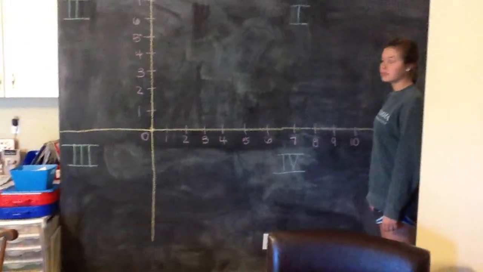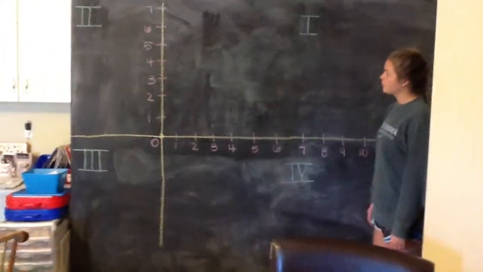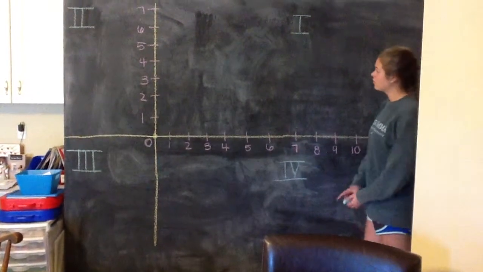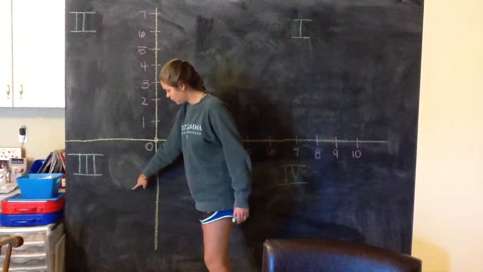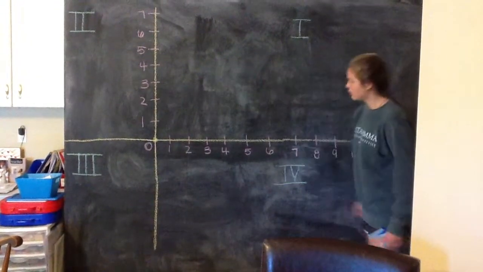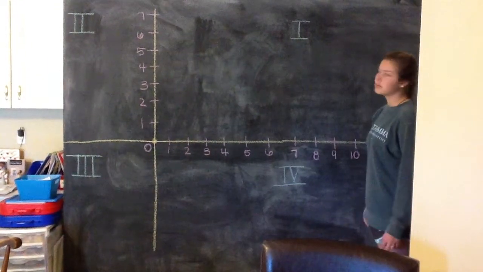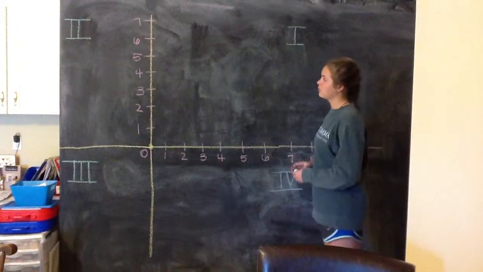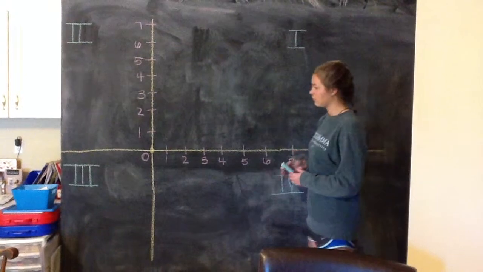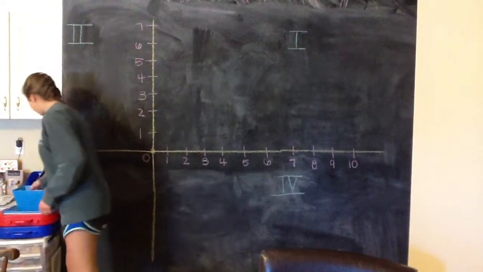Grids actually have 4 quadrants. First quadrant, second quadrant, third quadrant, and fourth quadrant. For today's lesson, we're going to concentrate on quadrant 1, but I want to tell you a little bit about the other ones just because you'll learn about this later on in middle school.